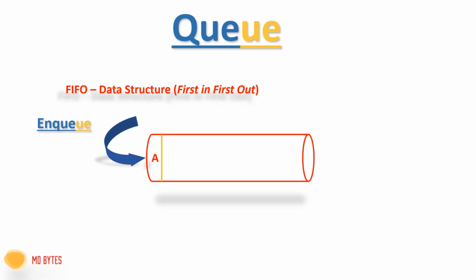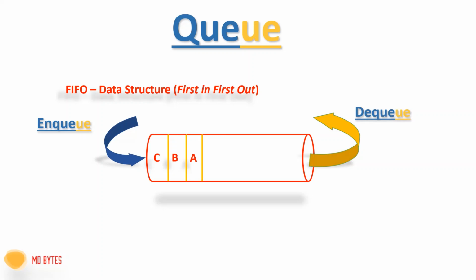Here you might have noticed data A has been inserted into the queue at one end of the queue, where the deletion will be at the other end. Here we have already inserted two data, A and B, and now the third data C has also been inserted into the queue. For deletion, at the other end, we apply the dequeue process. This deletes the data which was added first. So that's first in, first out.